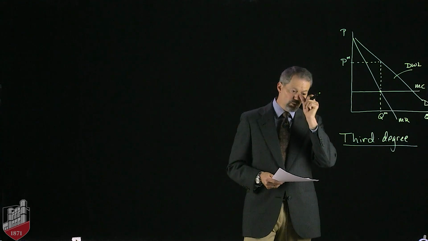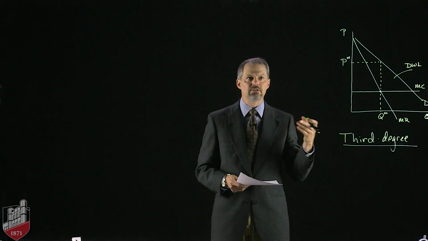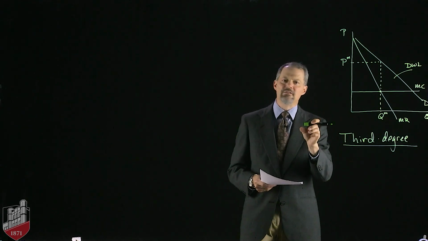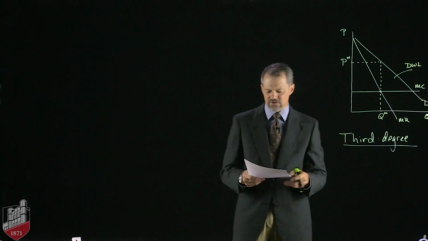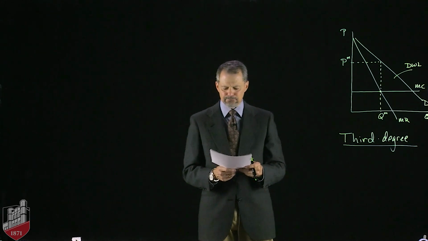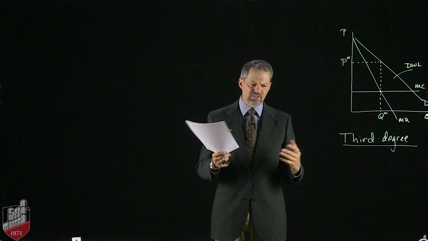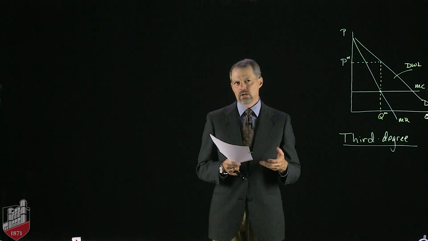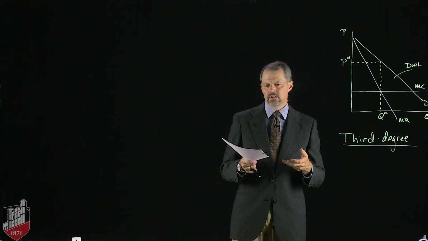Sometimes what the firm will do, in the case of student discounts or senior citizens discounts, is require proof of age. So maybe you have to show a student ID, or maybe you have to show your driver's license. It's also the case that you wouldn't see, say, a grocery store giving a senior citizens discount.